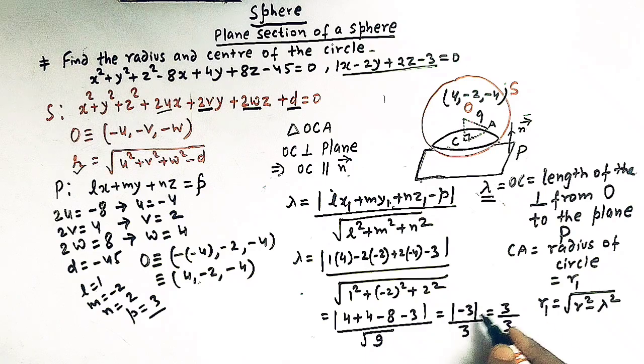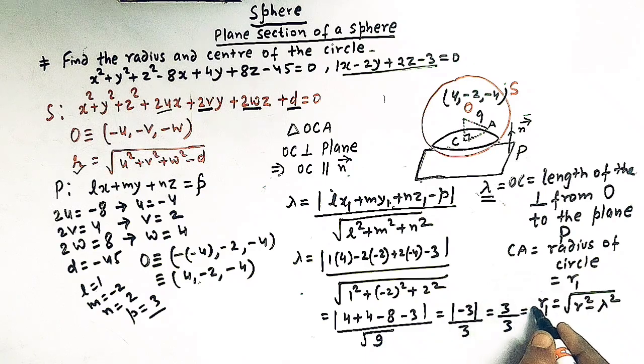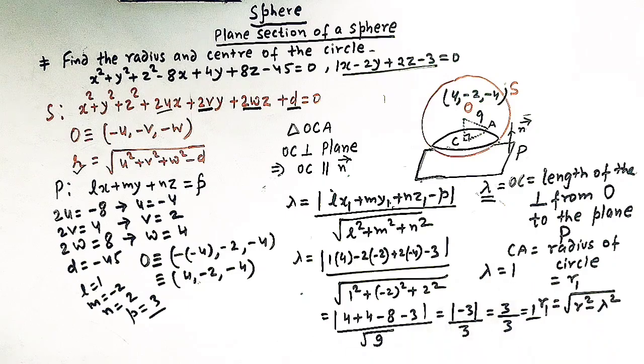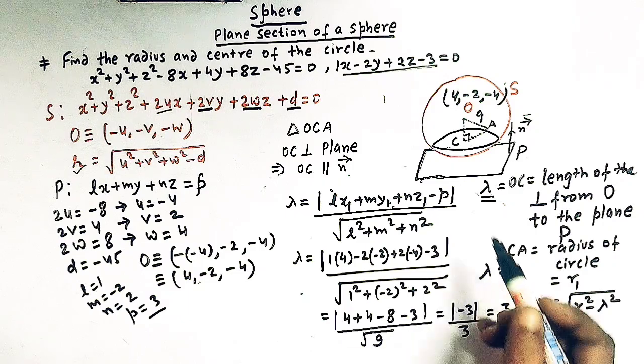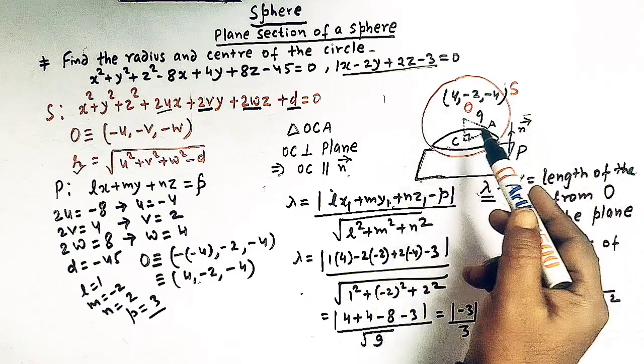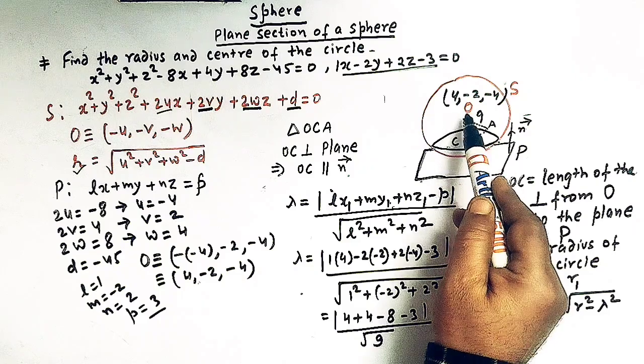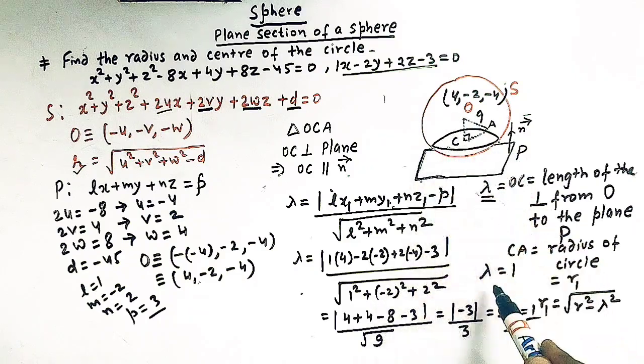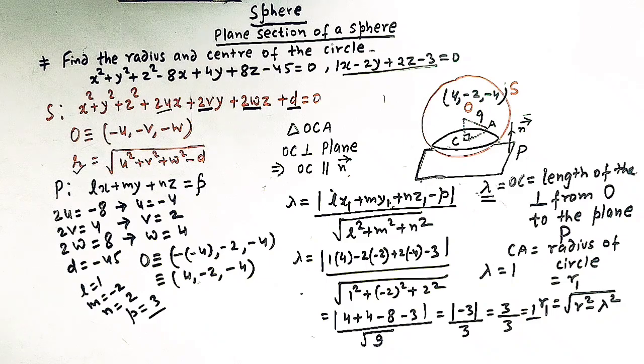So the value of lambda is equal to 1 unit, right? So the length of the perpendicular from the center of the sphere O to the plane P, that is lambda, is equal to 1.